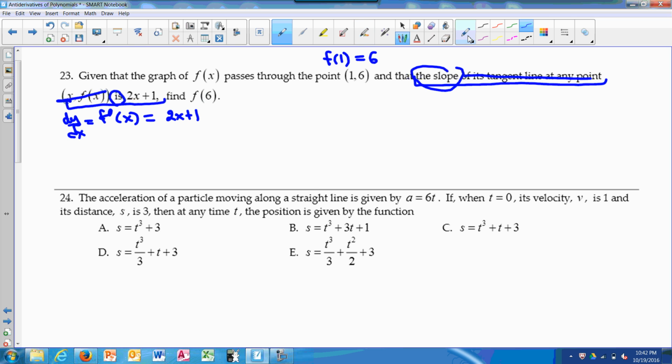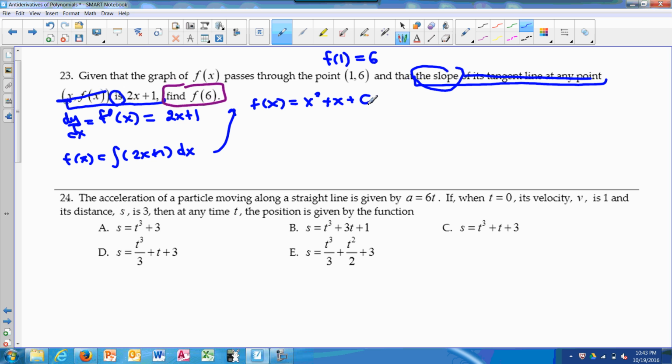A little bit different on this is what they asked for our final answer. Our final answer is to find f of 6, not just f of x. So that just means we have to do a little bit more. My f of x function is the integral of my f prime, which is 2x plus 1 dx. That means my f of x function is x squared plus x plus c.